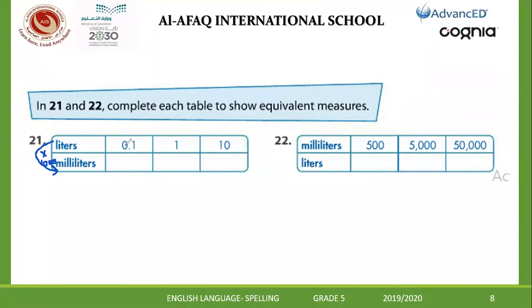What about if we have 0.1? If you multiply it by 1000, what will happen to the decimal point? We said yesterday, if we multiply, should the decimal point move to the right or to the left?